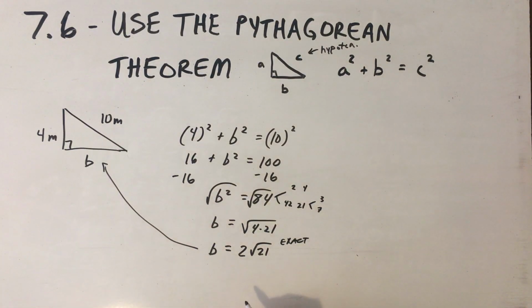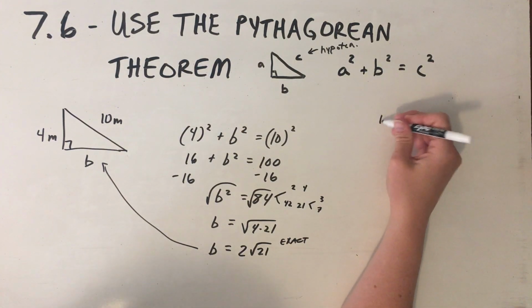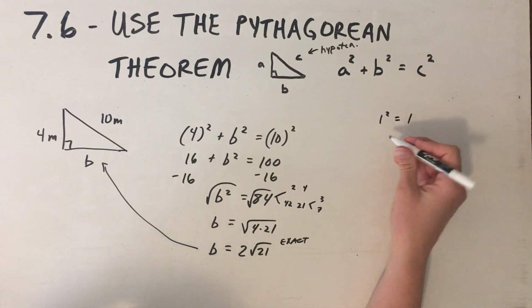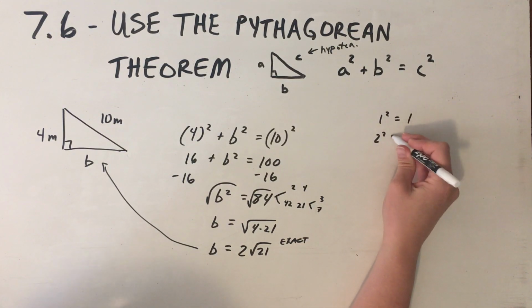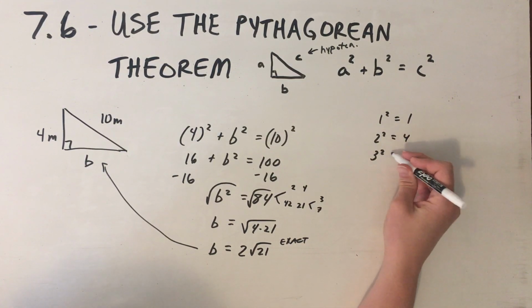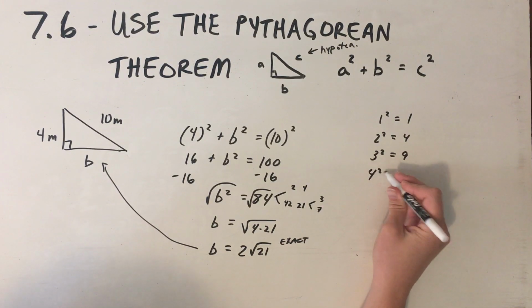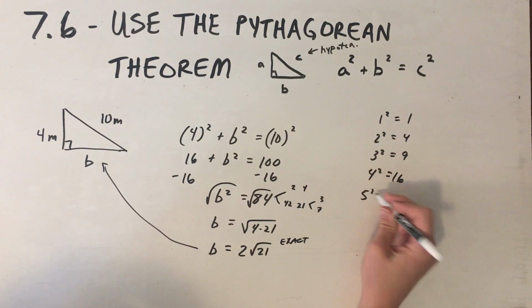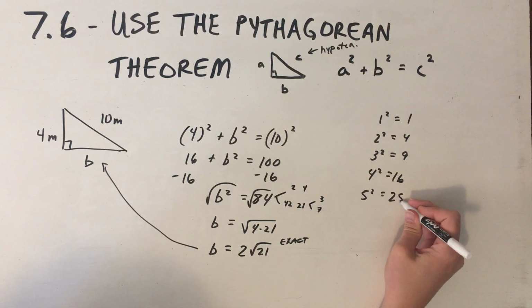This kind of seems weird because typically we don't have a good idea of, well, okay, has anybody ever heard of the measurement of 2 square roots of 21? Like, does some certain distance pop into your mind? Probably not. So let's look at this again real quick. We've got 1 squared is 1, 2 squared is 4, 3 squared is 9, 4 squared is 16, and 5 squared is 25.